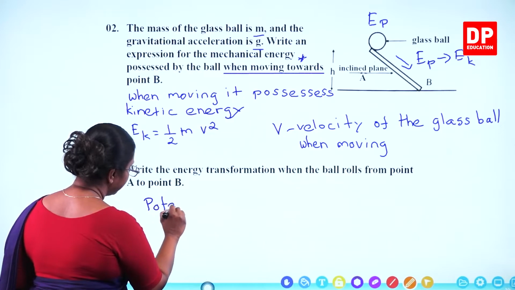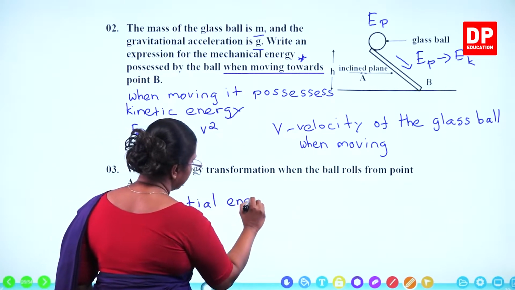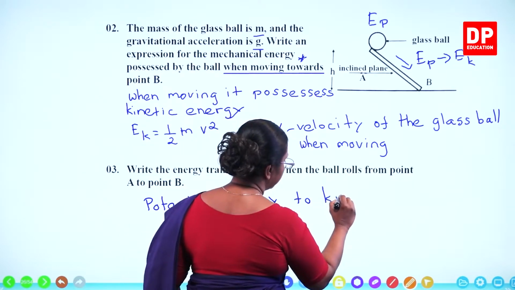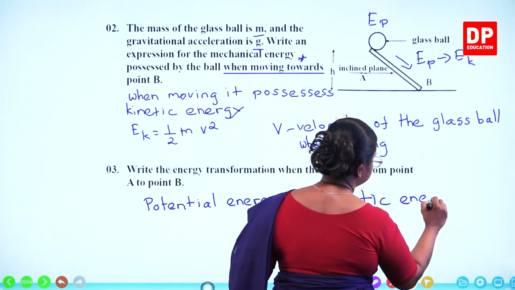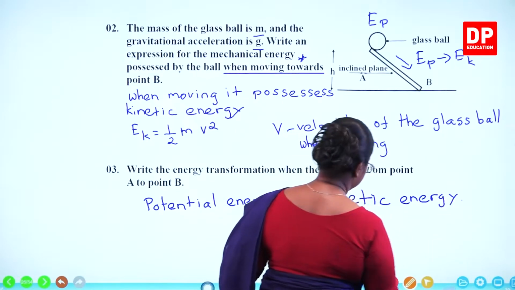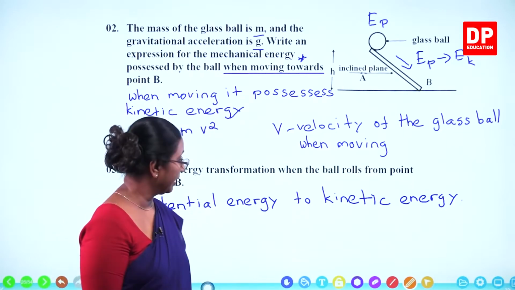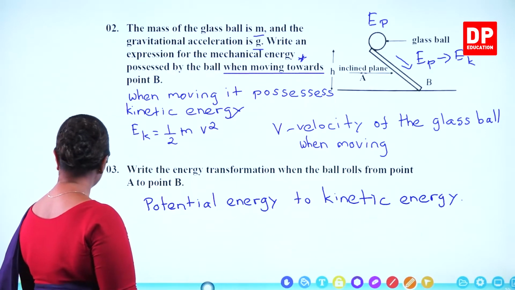Potential energy to kinetic energy. So that is the energy transformation that is taking place. So with that, we'll move on to the next part of the question.